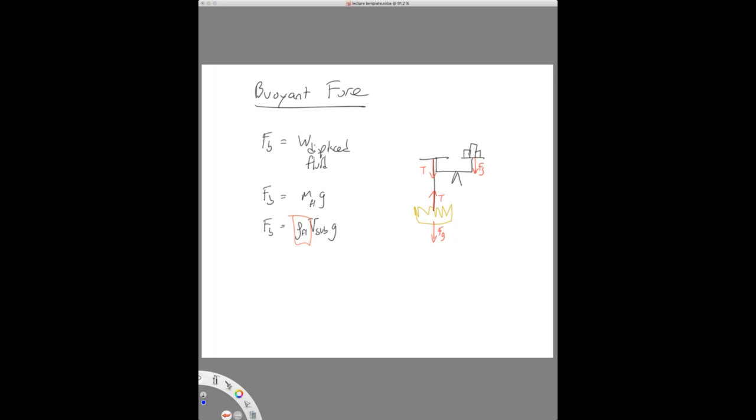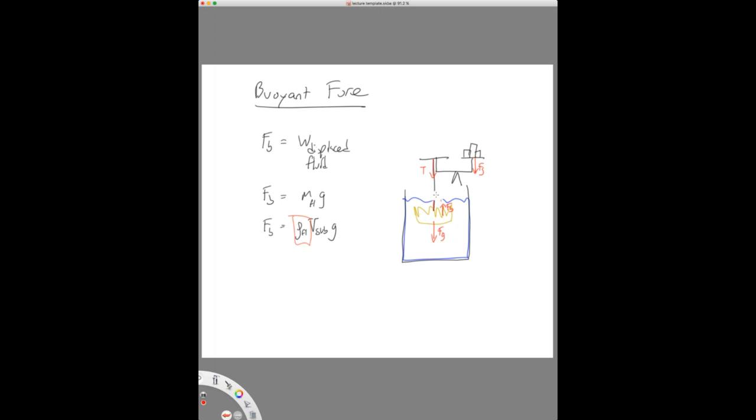Then we submerge the crown in water. When we do that, there is going to be an additional buoyant force, an additional force acting on the crown.